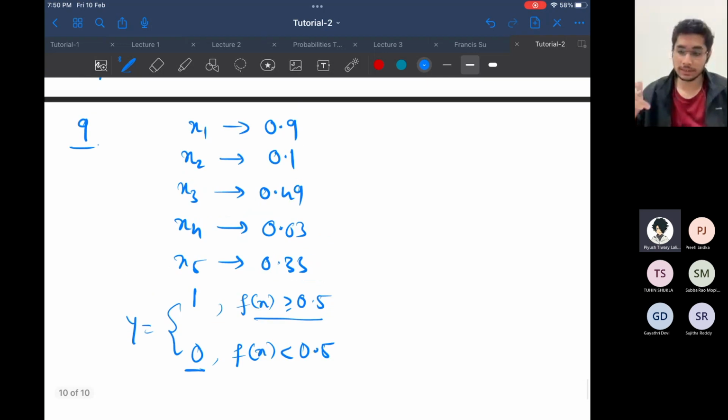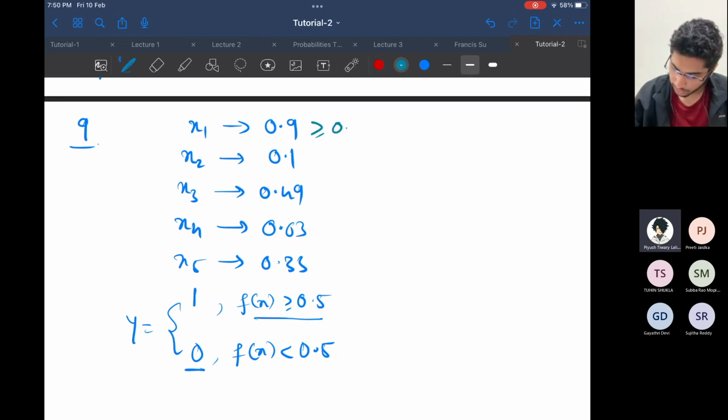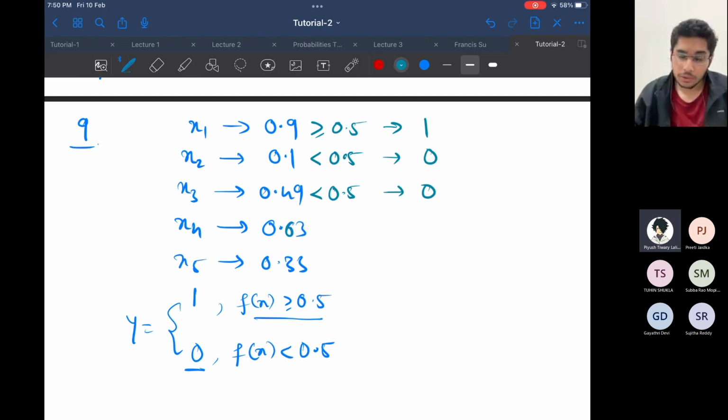So all we need to check is whether the particular input is greater than 0.5 or less than 0.5. 0.9 is greater than or equal to 0.5, so the output will be 1. 0.1 is less than 0.5, hence the output will be 0. 0.49 is again less than 0.5, hence the output will be 0. 0.63 is greater than 0.5, so this output will be 1. 0.33 is less than 0.5, so the output will be 0.